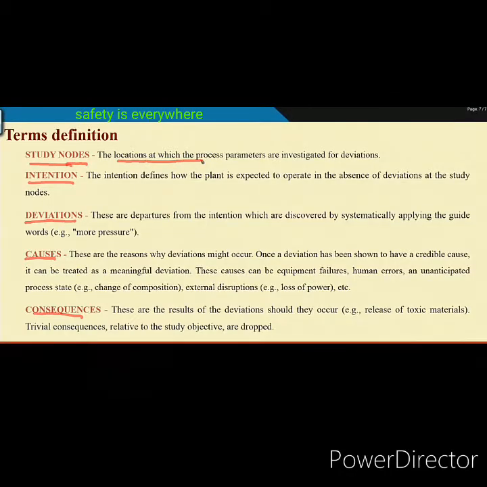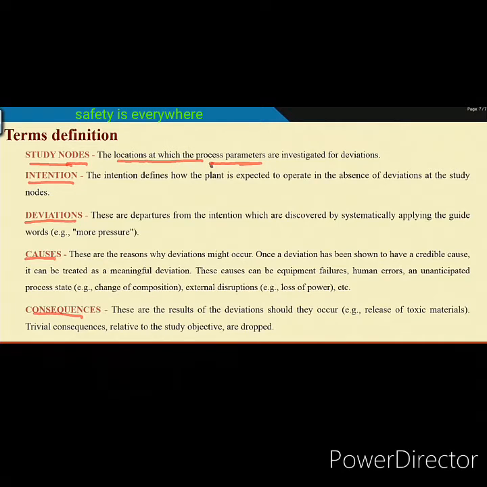For example, if we talk about a pressure tank system, and we are interested in the deviation in terms of pressure inside the tank, then the tank itself could be a study node. And the process parameter of interest is the pressure there.